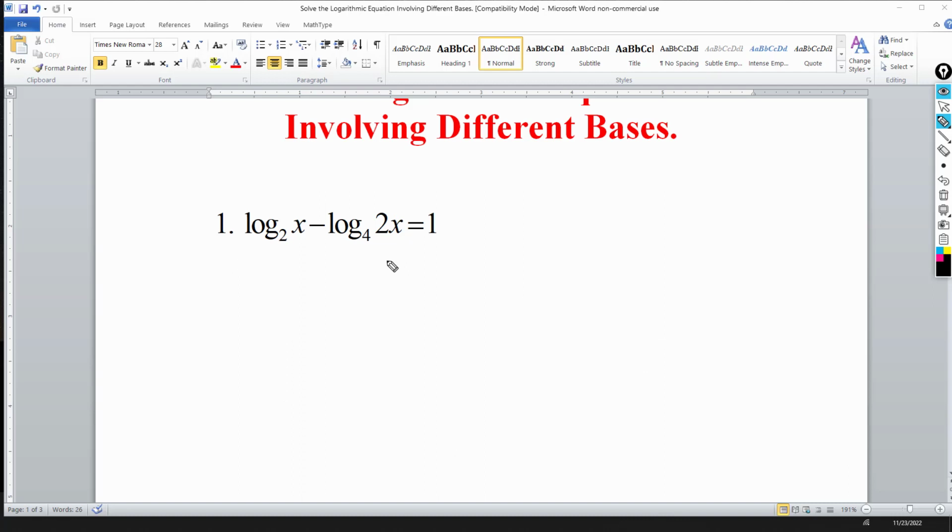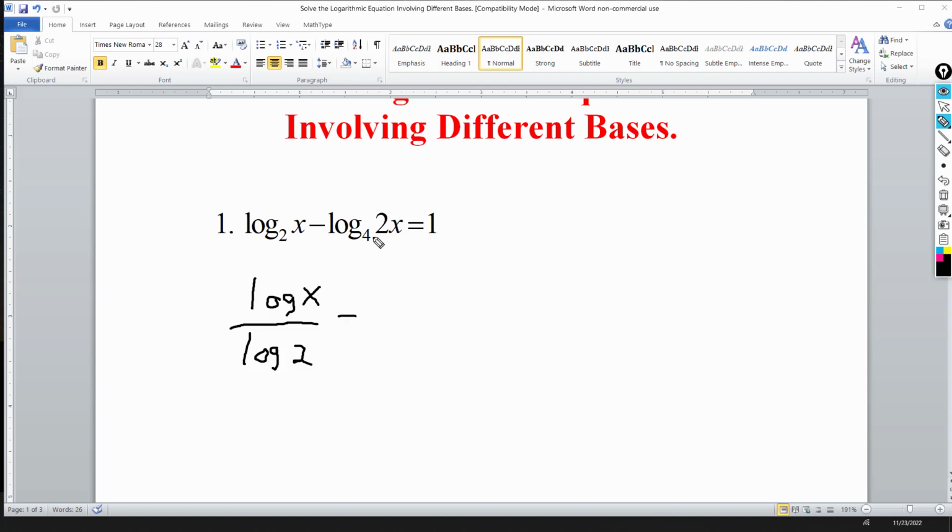Could you do it another way? Yes, you could rewrite this using base 10. It would be the log of x to base 10. Remember, if I don't put the base, it's understood to be base 10, over the log of 2. Now in this case, since the other one doesn't have base 10, I'd have to do the same thing to that one.